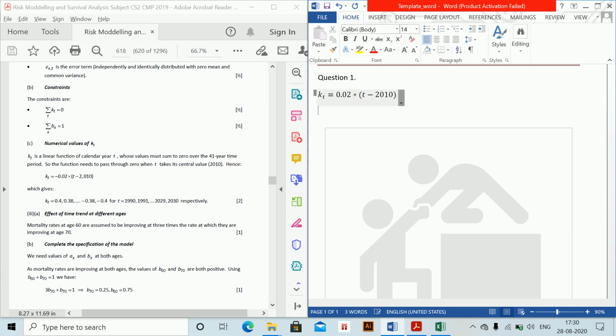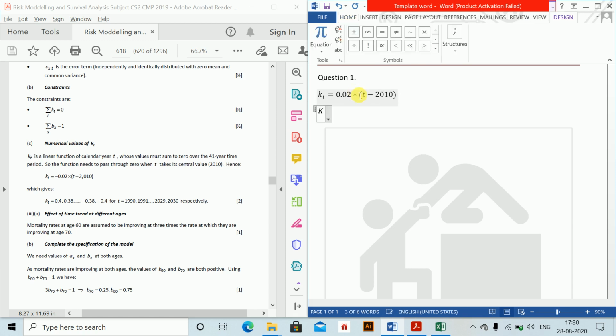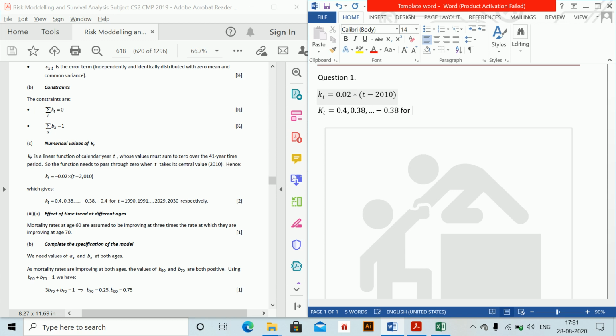Then kt gives 0.4, 0.38, and so on, to 0.3, minus 0.38, for t equals 1991 to 2030. These are the values we get respectively.